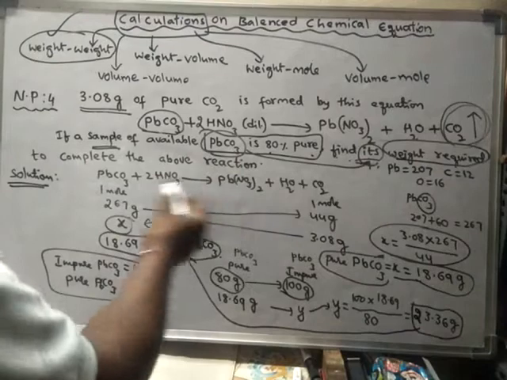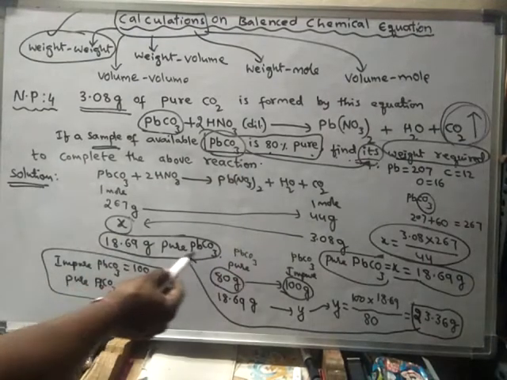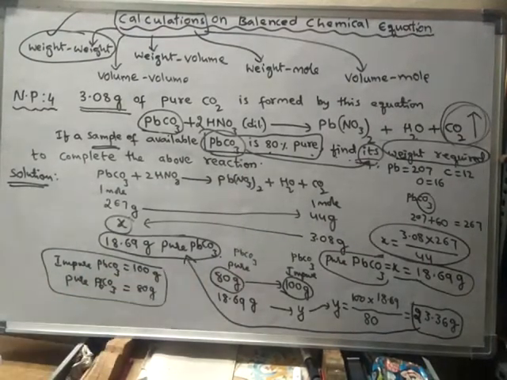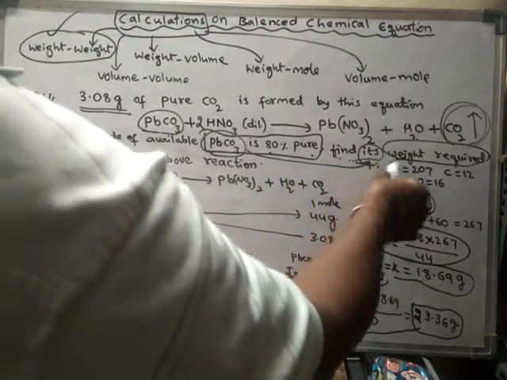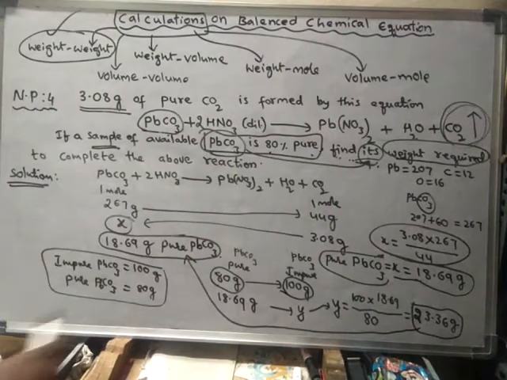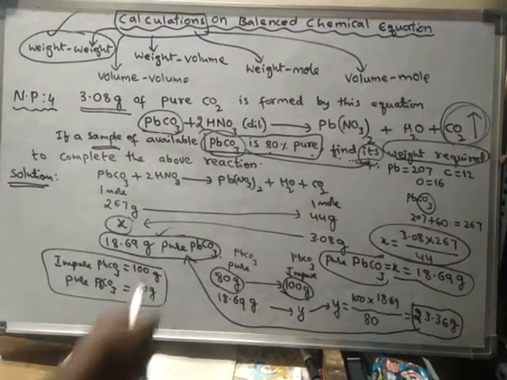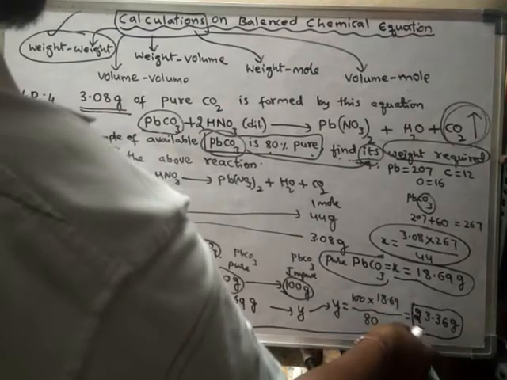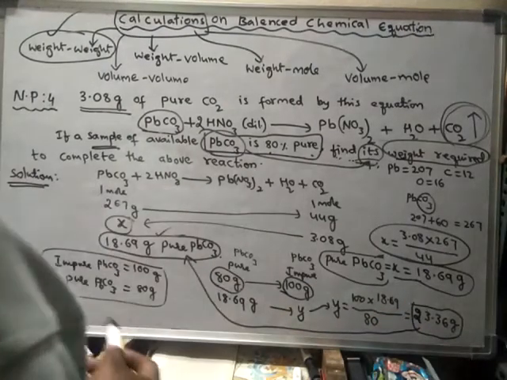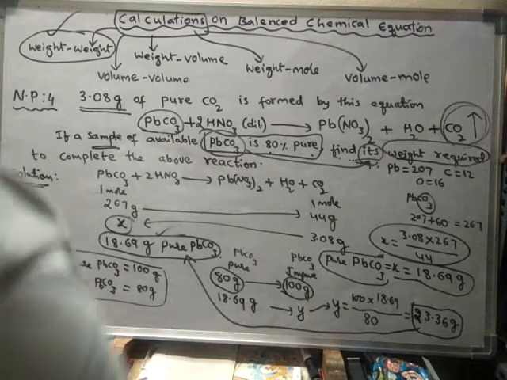Here from this calculation we got the weight of pure carbonate, but the question is, we have to find the weight of impure lead carbonate. So from the value of pure lead carbonate, we could finally calculate the amount of impure lead carbonate required for the reaction to occur.